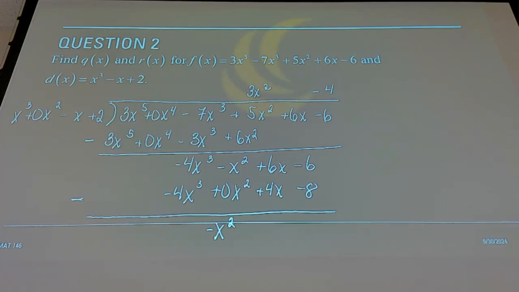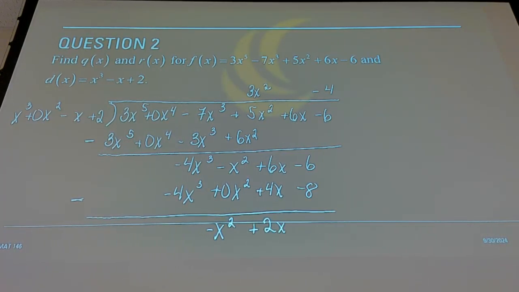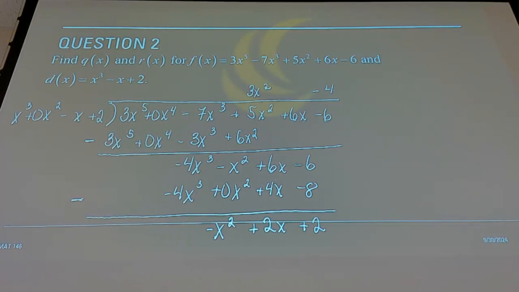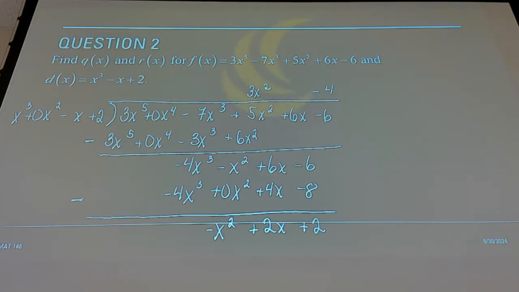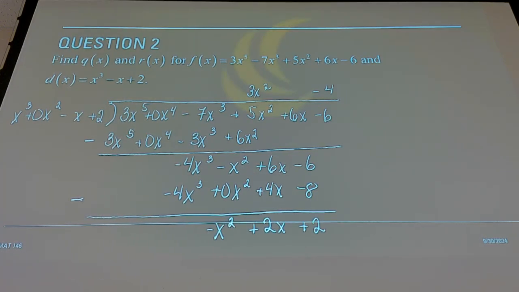The result is negative x squared plus 2x plus 2. Is that degree less than the degree of the divisor? Yes. Then we're done.